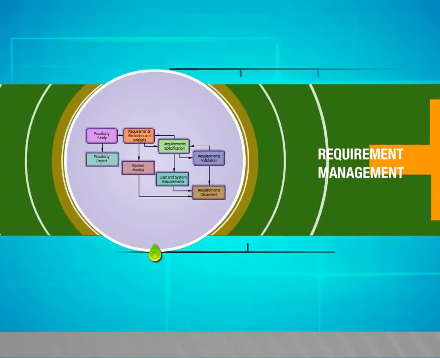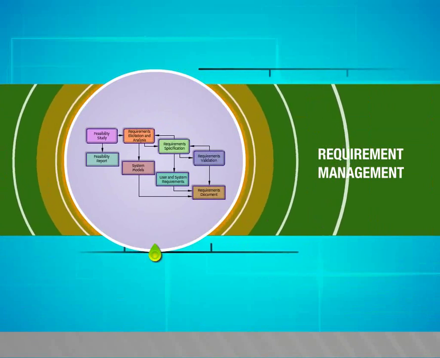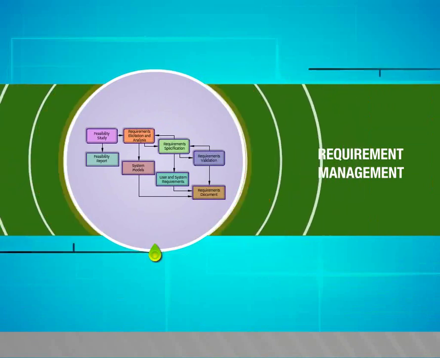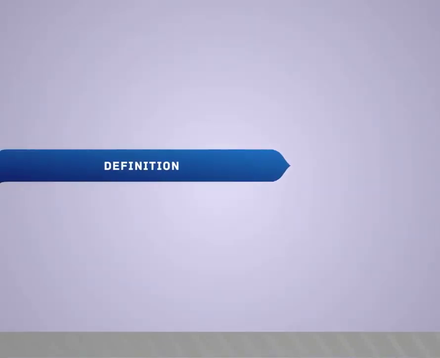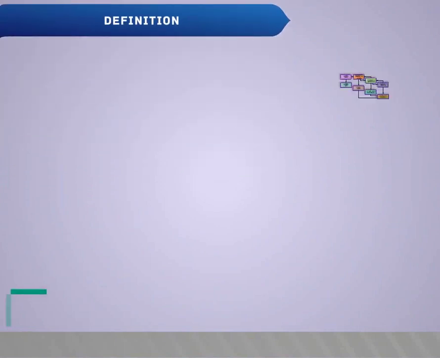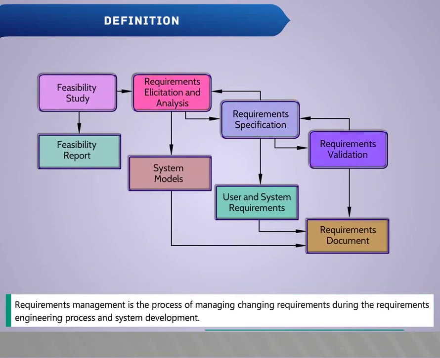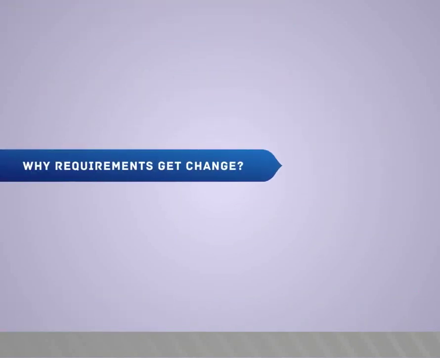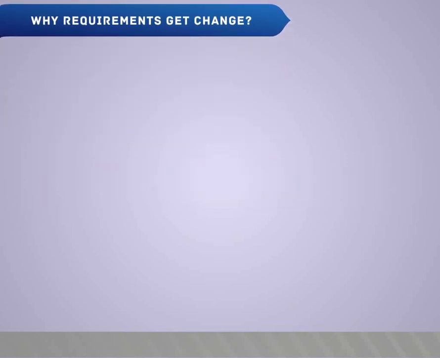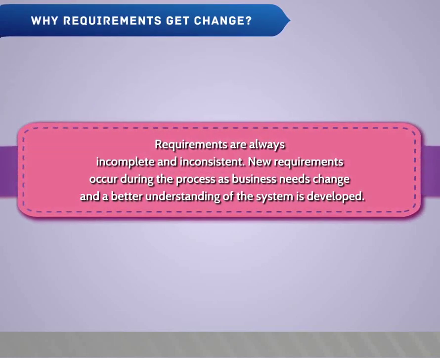Requirement management. In this video, we are going to see about requirement management. Definition. Requirements management is the process of managing changing requirements during the requirements engineering process and system development. Why do requirements get changed? Requirements are always incomplete and inconsistent.